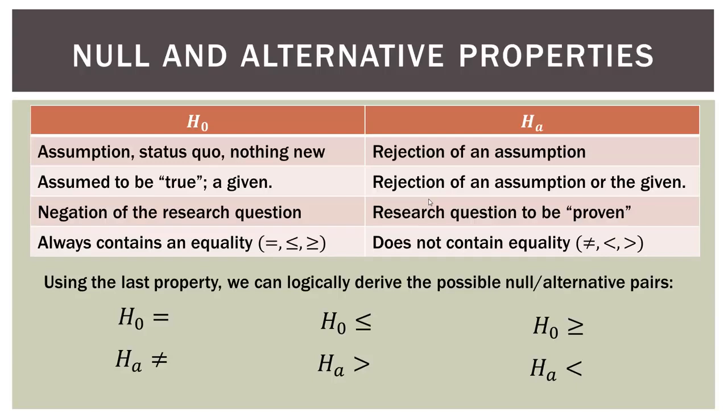And finally, the null can be greater than or equal to some value, therefore the alternative has to be less than that value. So notice that the equality sign is always in the null, and then the opposite of that is in the alternative. So when you're pulling information out of problems and you set them up, this can be an extremely helpful rule of thumb to remember.